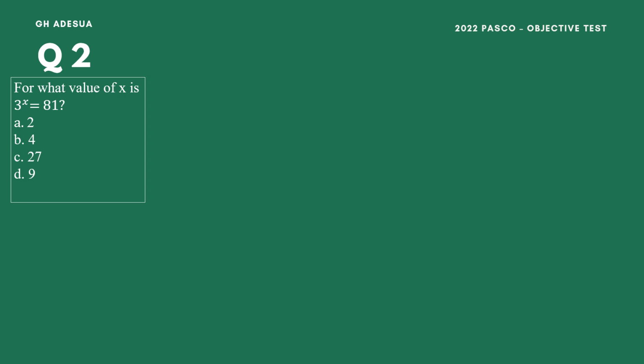Now with our solution, this question is a classical indices question, where we have to change the biggest number here to the base of what we are looking out for. So we have 3 raised to the power x is equal to 81. So what happens is that we are going to change 81 to the base of 3. Then we can equate our x to whatever power that 81 may have.